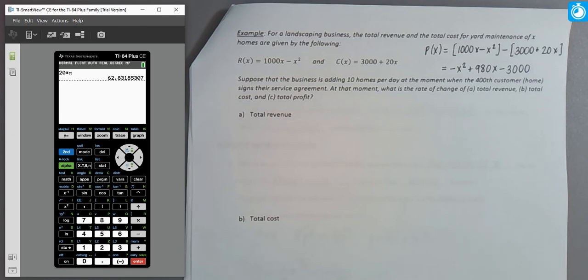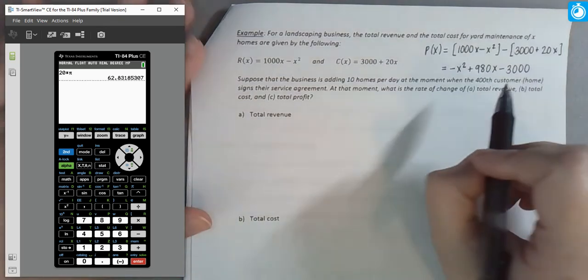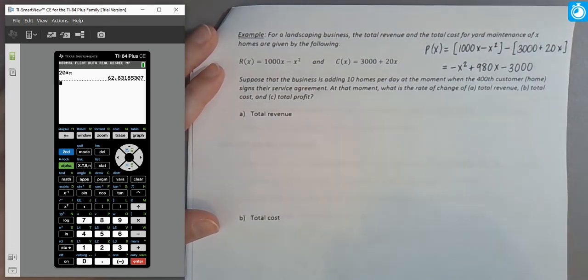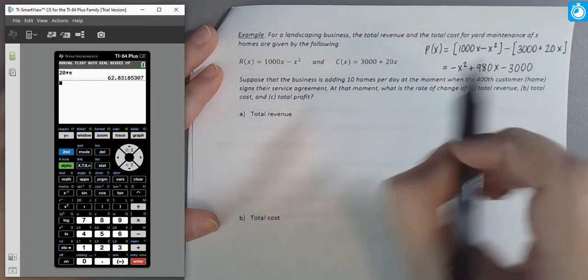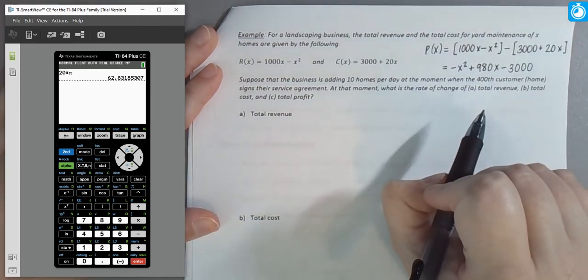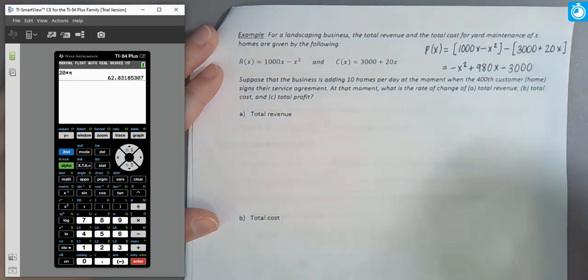So that's going to be our profit function. So what else do we know? What have we been told? Well, we've been told that we have a rate of change, how the number of clients is changing based on increase per day, so change per day. So we have 400 customers right now. X is the number of homes, aka the number of customers, and at this moment in question, the moment that we're talking about, we have 400 customers.